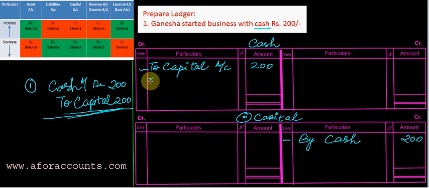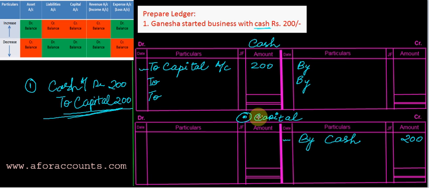This side will always have to, and this side will always have by. In debit side you will always have to, in credit side you will always have by. So cash account is debited here, with crediting the capital 200.